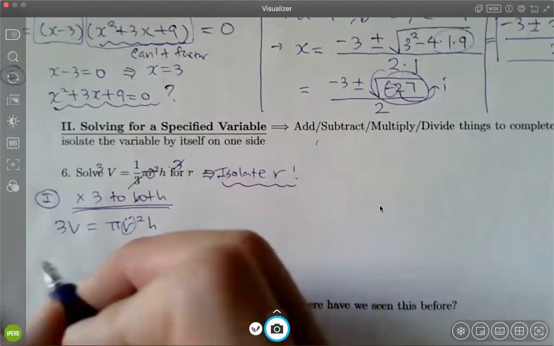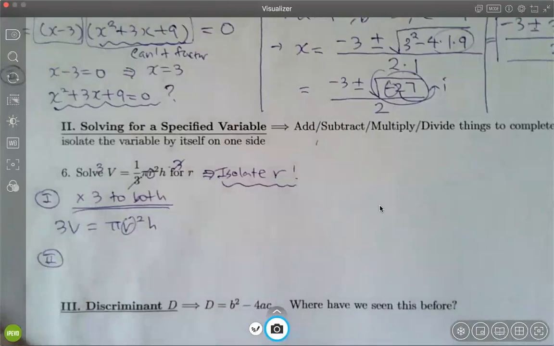Now step number 2, what can we do to get r by itself? We are not taking the square root yet, but we need to do something before we take the square root. Divide both sides by pi. Now, can you divide something more?